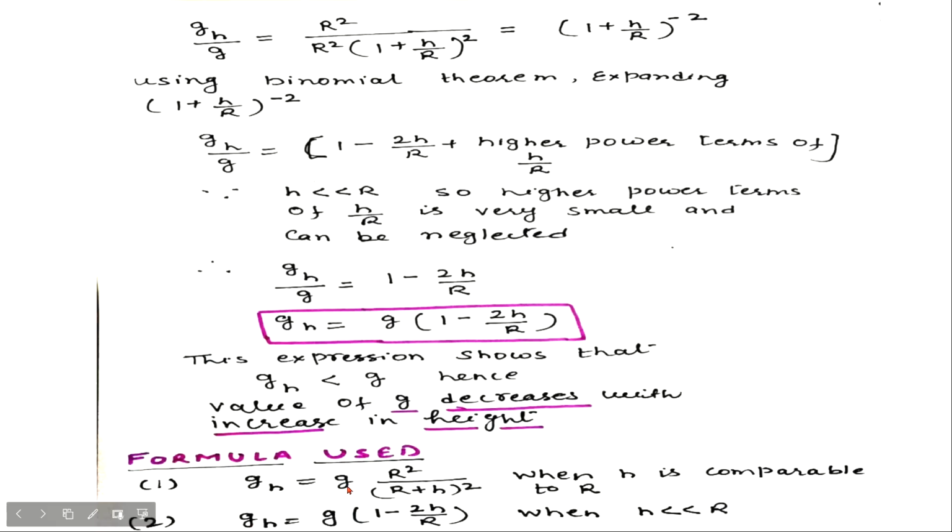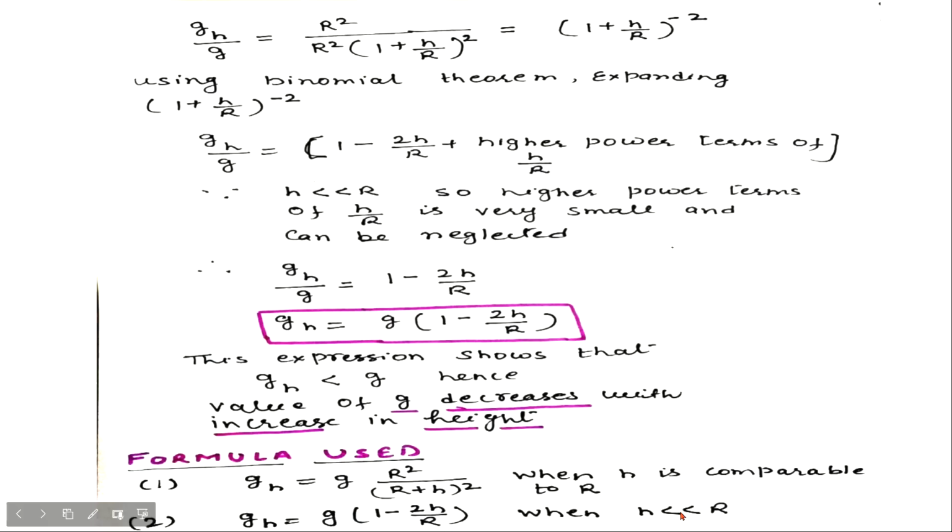One, gh is equal to g R square upon R plus h whole square. This expression we have got earlier. This formula you will use in numericals when h is comparable to R, meaning when h is not much less than R. You will use this formula for getting the value of gh at a certain height.